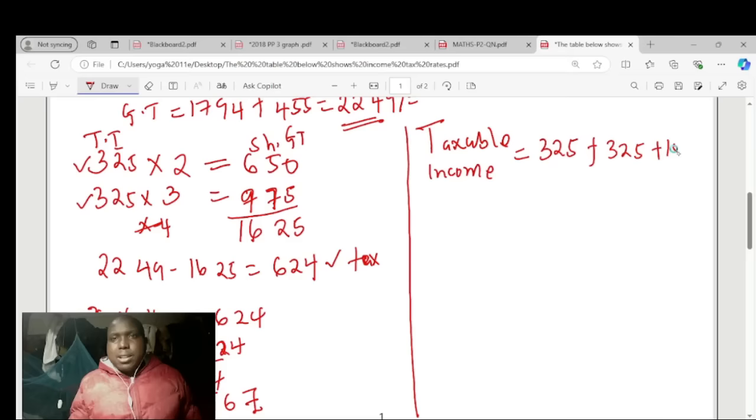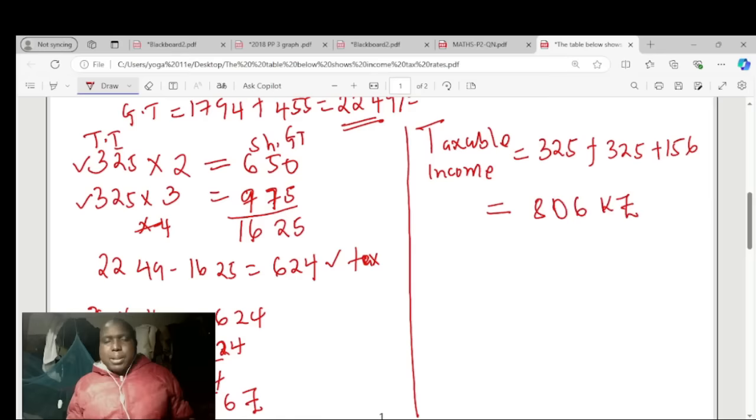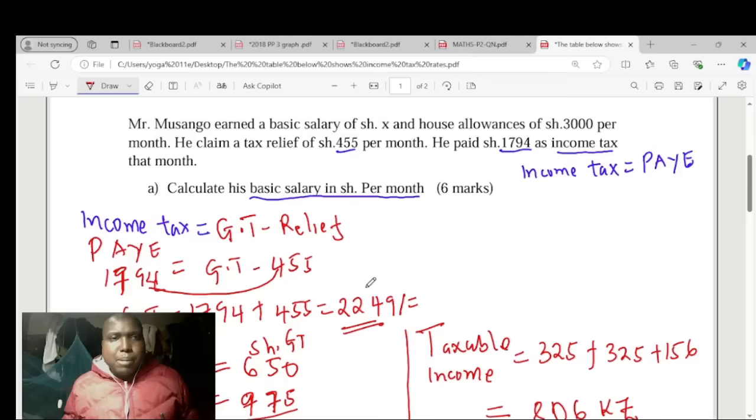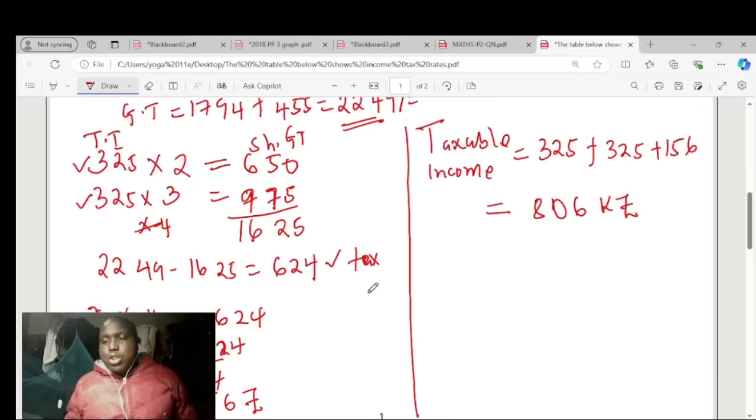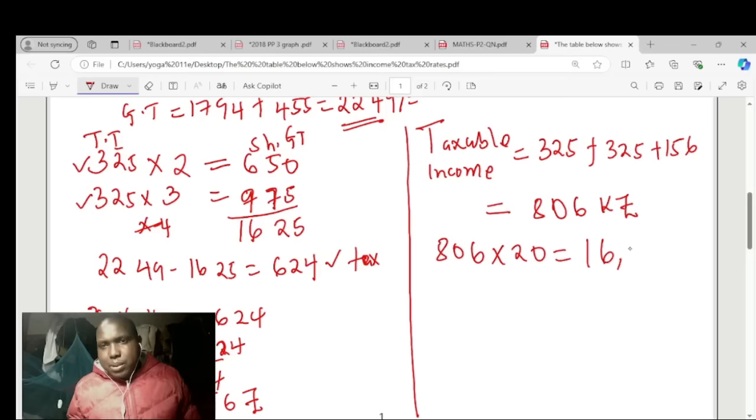And this one will be our taxable income will be 806 Kenya pounds. But the question was asking us to get the basic salary. Remember, the question is asking basic salary in shillings. So let us convert this amount into Kenya shillings. So 806 times 20 will give us the money in Kenya shillings. And this one will be 16,120 shillings.